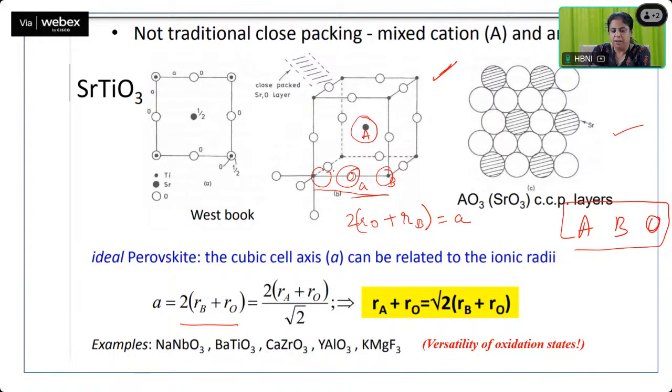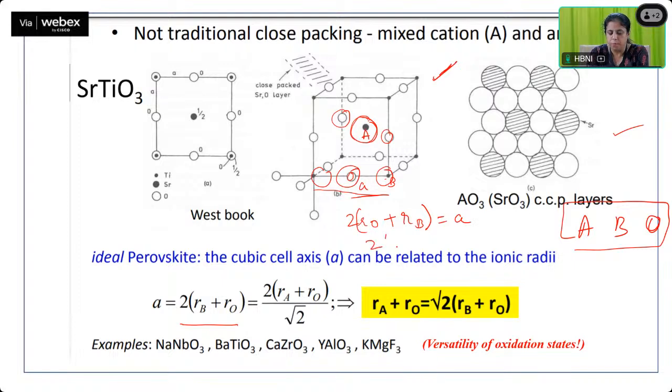If you see, the A cation and your oxygen anion are touching each other along the face diagonal. B was touching along the cube side, but this is touching along the face diagonal. Your face diagonal is root 2 A, right?